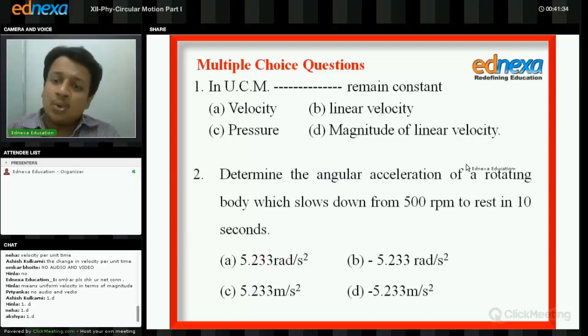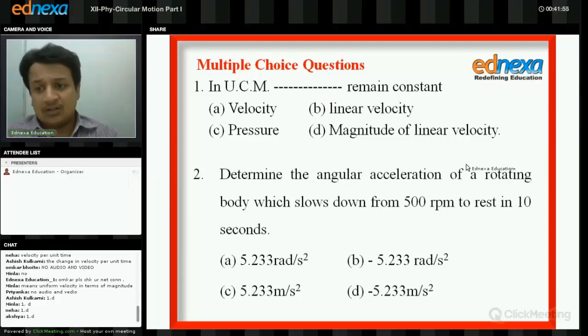So omega 2 is 0 and omega 1 is 500 rpm. But this is not omega. Why not? 500 rpm is the frequency given. So you have to find omega from the given frequency.